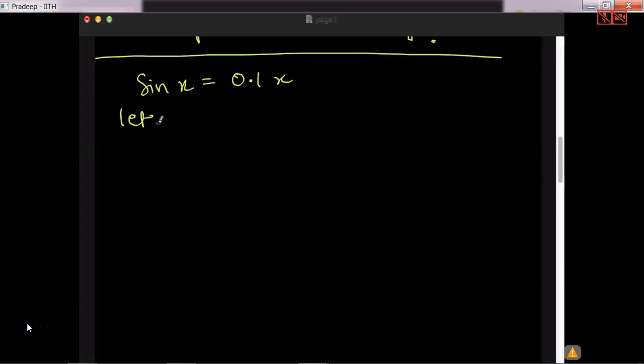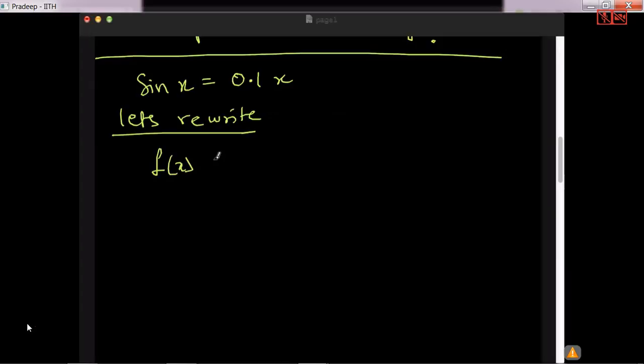Now let's rewrite f of x equal to sin x minus 0.1 x equal to 0. So basically, if these two values are equal, I can just write it as a 0. I have to write it as f of x equal to 0. So then it is convenient for me to solve the problem.